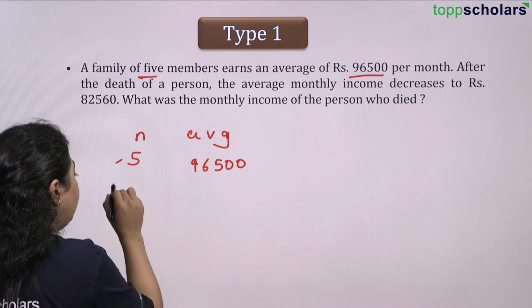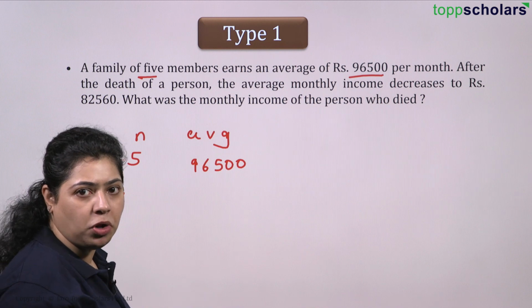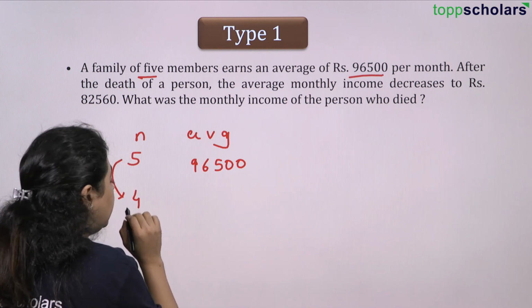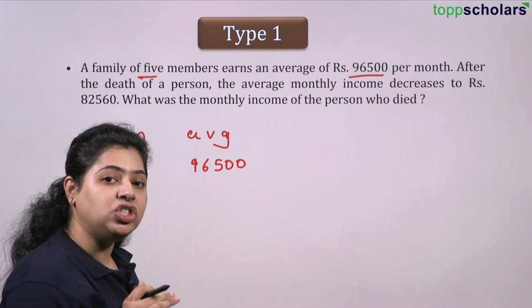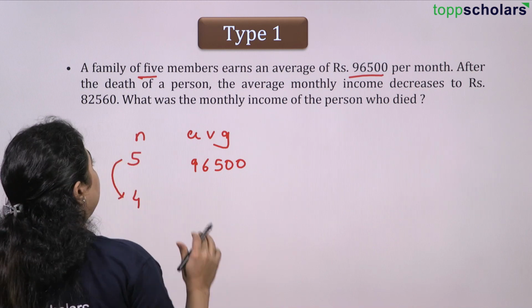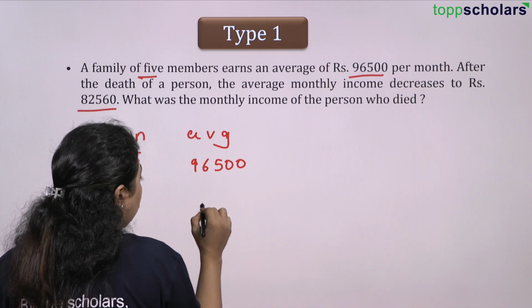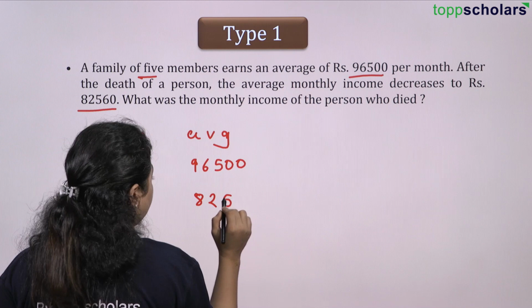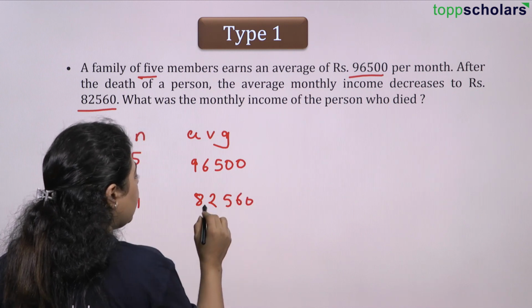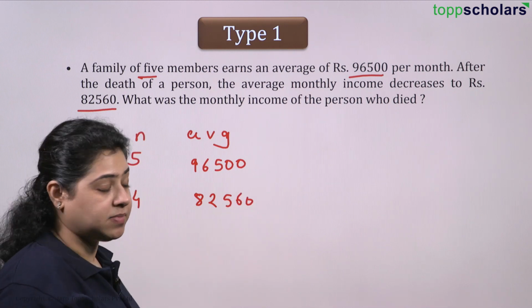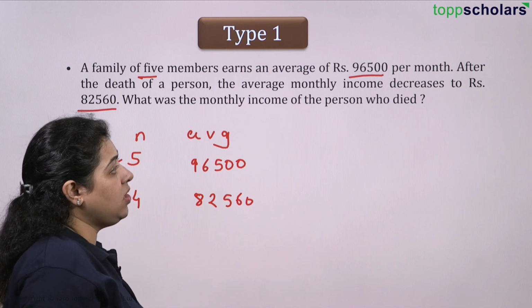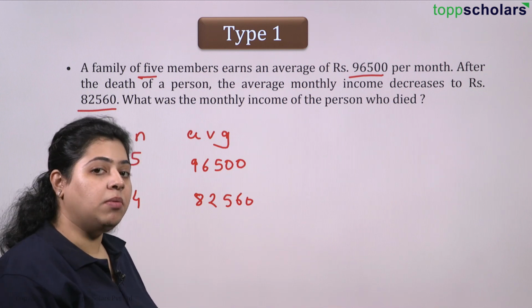So our n will also decrease, from 5 it will be 4, correct? So after the death of the person, the average income of the family reduces to 82,560. It becomes 82,560.